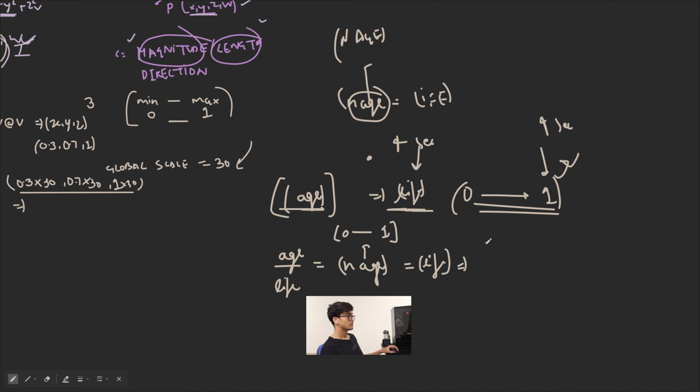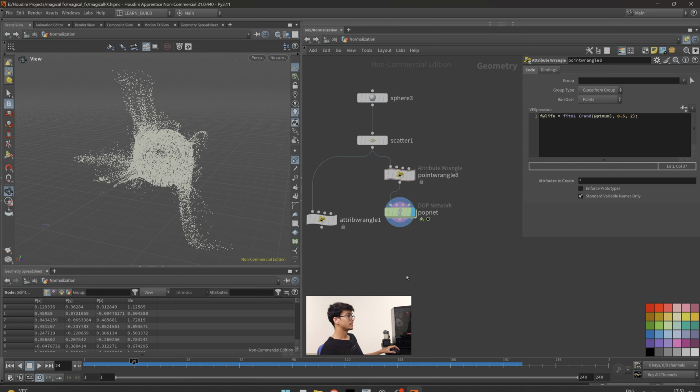Because life we can put in 0 to 1: 0 means birth, 1 means death, and normalized age is also between these two. So normalized age equals life. Normalized age is equal to their total life.